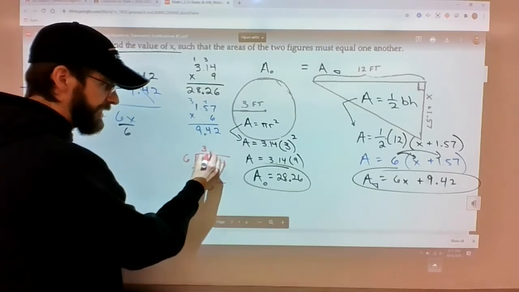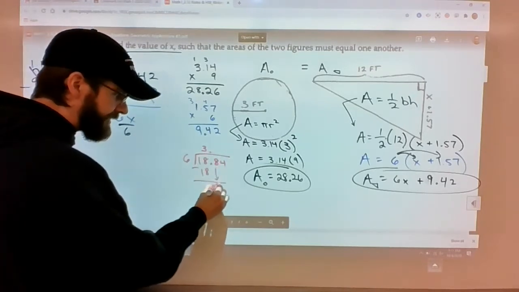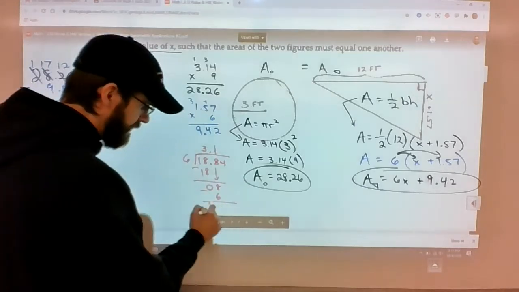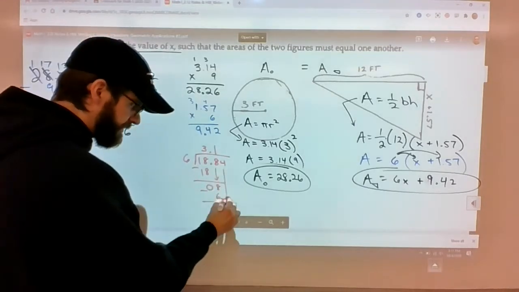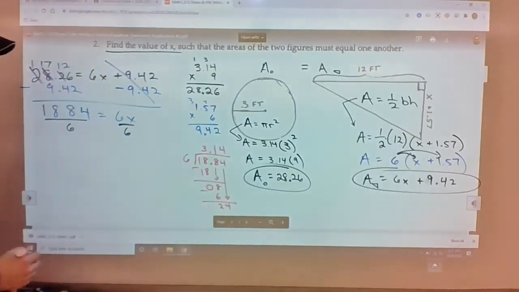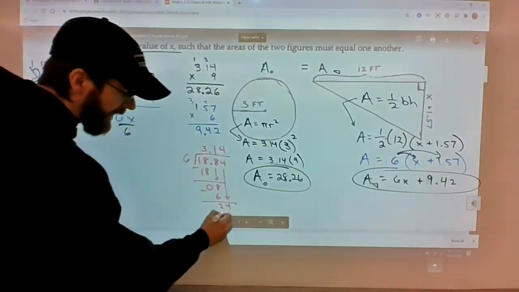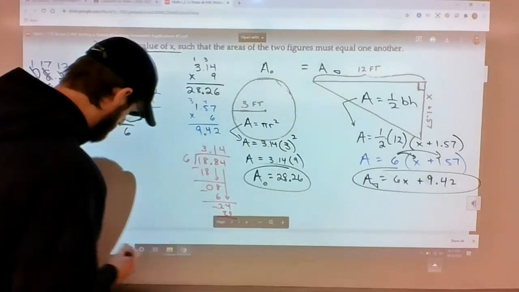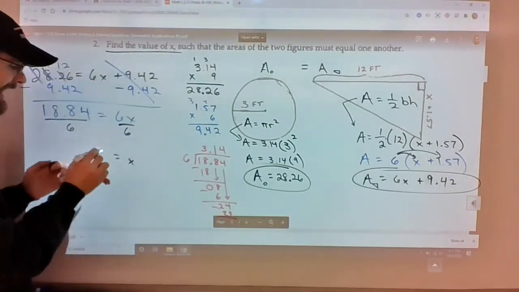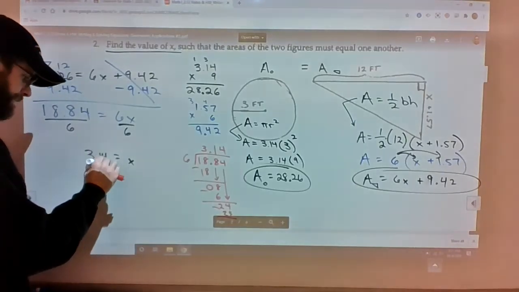Move the decimal place up there. Drop an 8. It goes in there once. 2 is my difference. 6 goes in there 4 times. Exactly. Okay. We got an answer. The answer is x equals exactly 3.14.